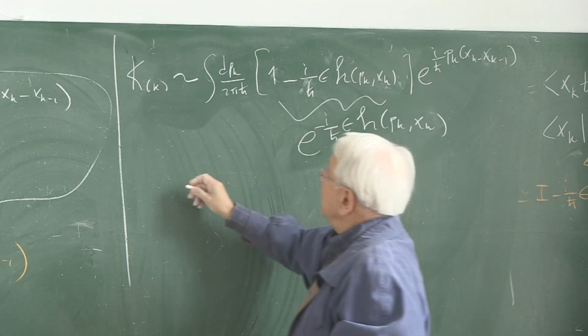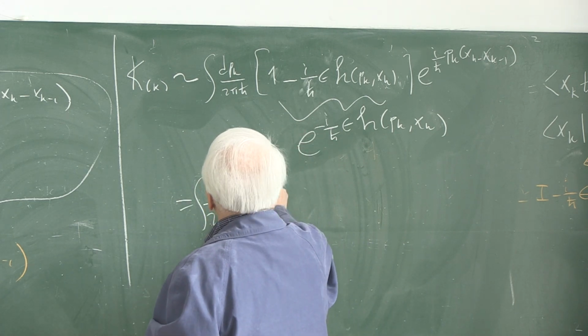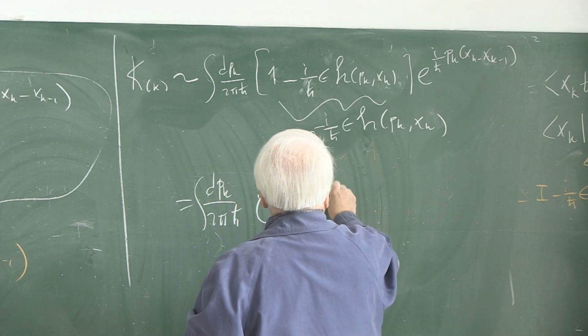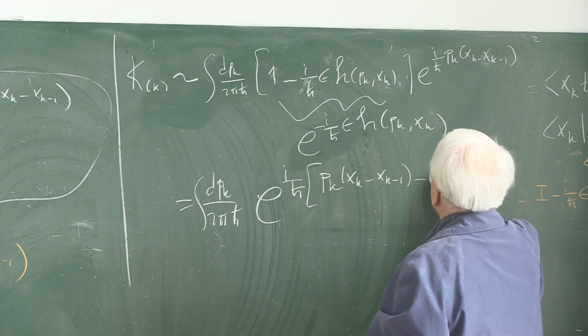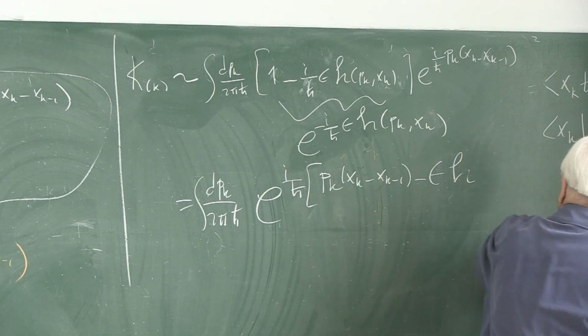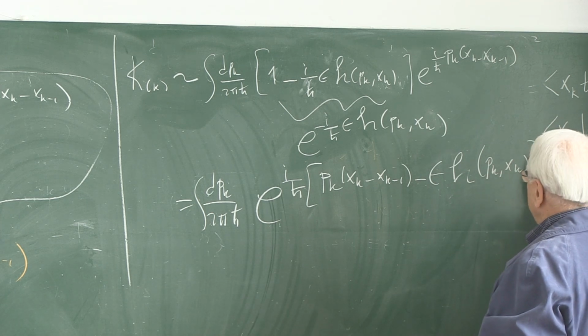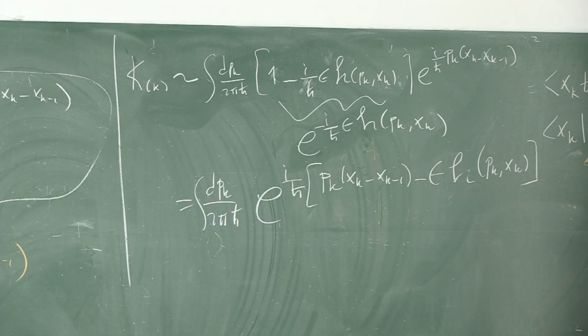I have resummed, so the expression is back to its exact form, e to the i over h bar, pk times xk minus xk minus 1, minus epsilon H of pk and xk. I have been able to find an integral representation of the generic infinitesimal transition amplitude in terms of the C-numbers.